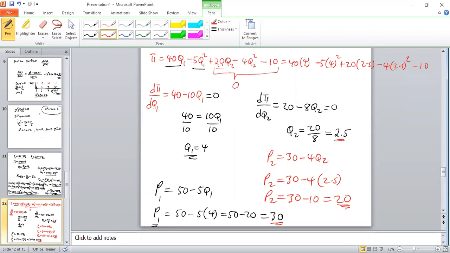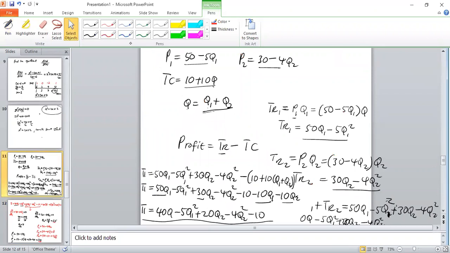Okay, then the next question on the same question that Chomba sent, they are saying calculate the price elasticity of demand when profit is maximized within each market. What is the relationship between price elasticity of demand and the price charged in different markets? So we have the demand equations, given as P is equal to that.